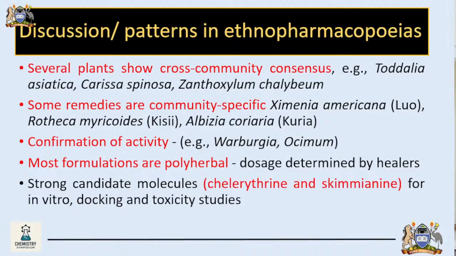Then we have, again, confirmation of activity through the chemistry, that actually some of these constituents of the plants could be useful in alleviating those conditions that they're used for in traditional medicine. Then also we notice this, that most formulations that are used for antiviral conditions are a mixture of many medicinal plants. They are polyherbals. And their dosages are normally determined by the healers.